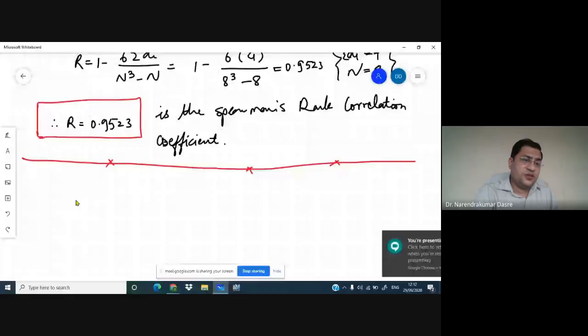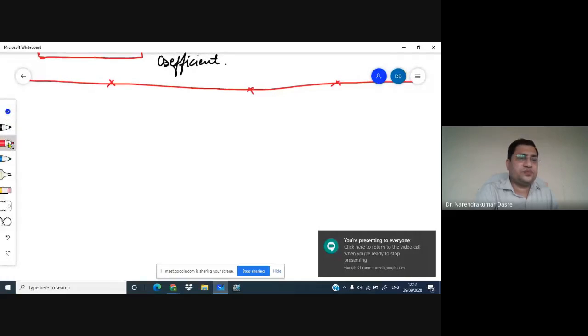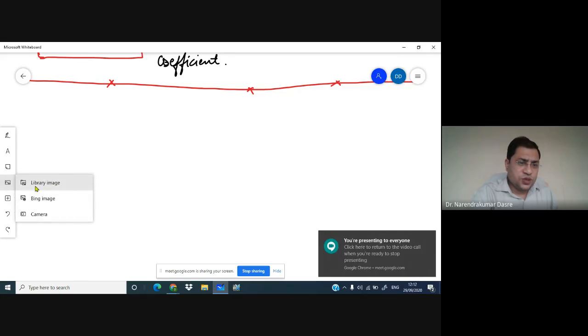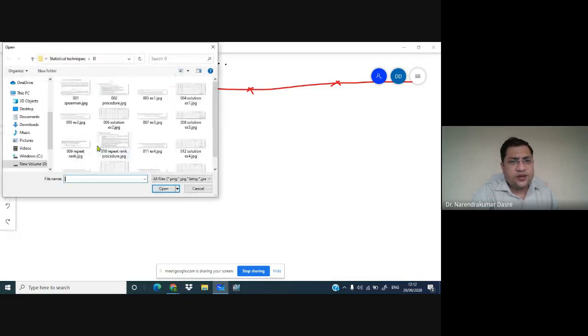Let us see the case when the values are repeated. This is going to be easy when we don't have repeated values, but what if we have repeated values?